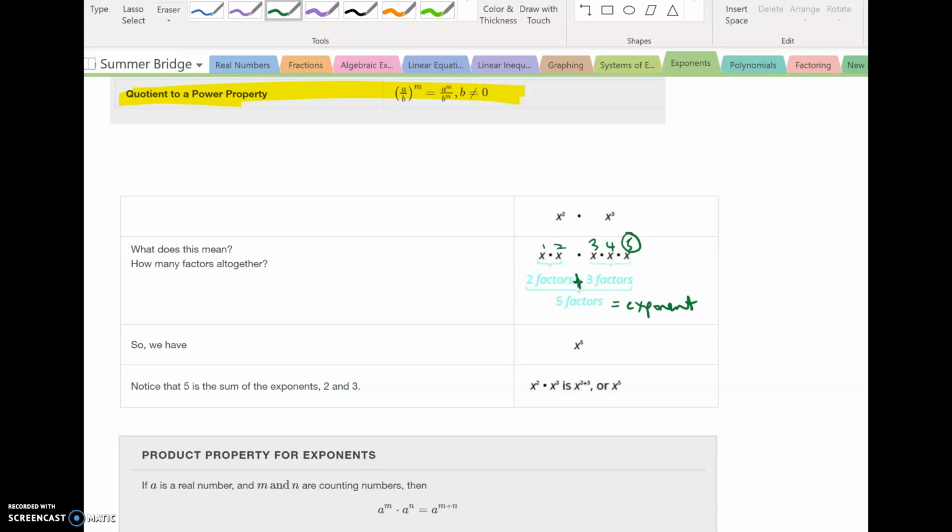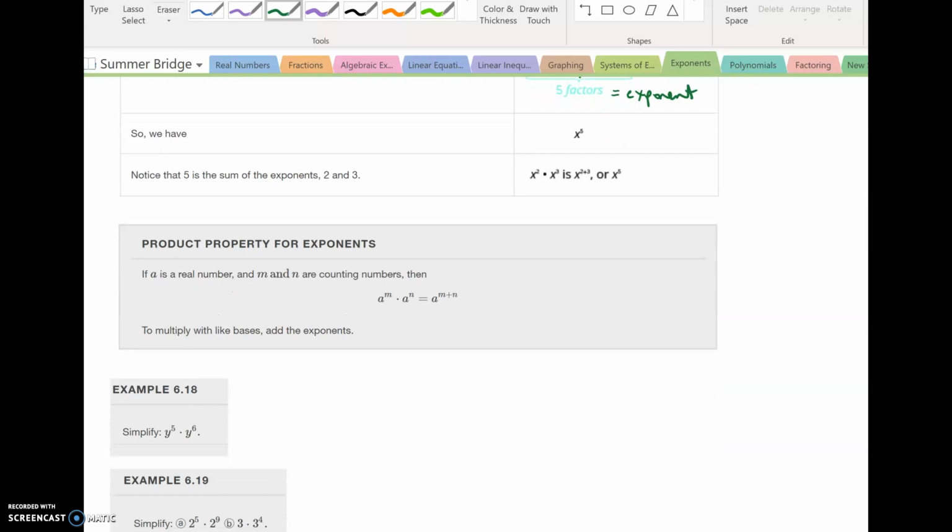Having that in mind, that is where we're coming up with this product property for exponents. I'm really taking a look at what the exponents are, provided that the bases are the same. The base doesn't change, but what does change is that now I'm adding the two exponents together.